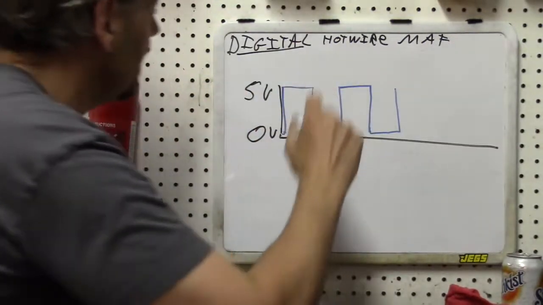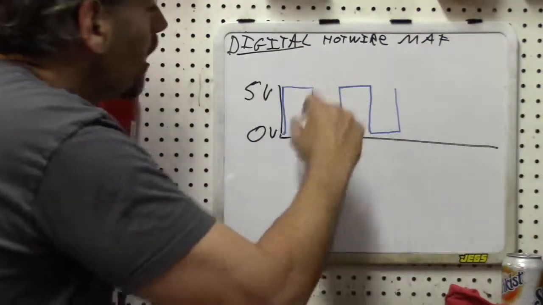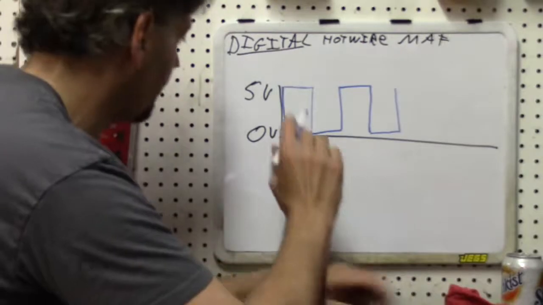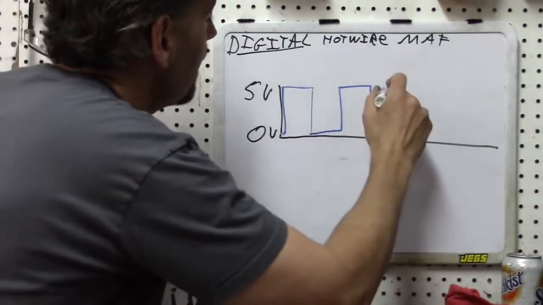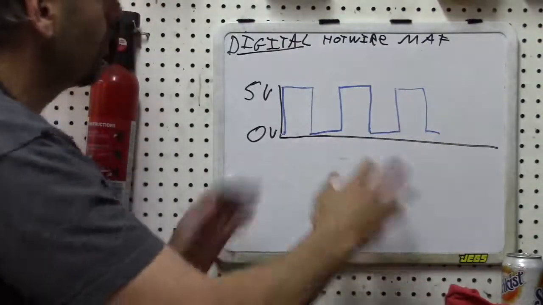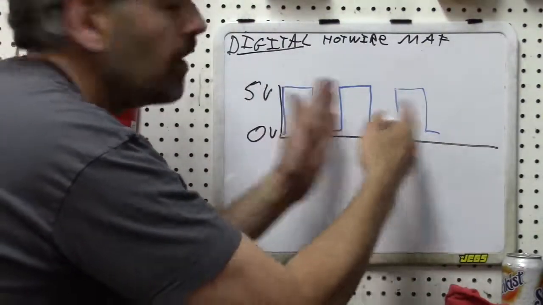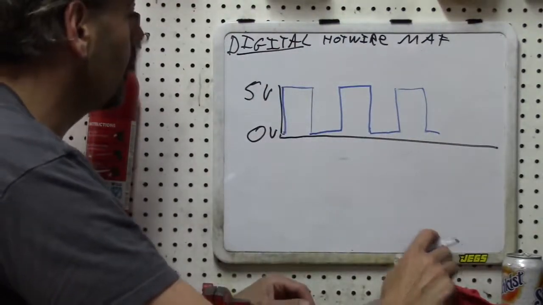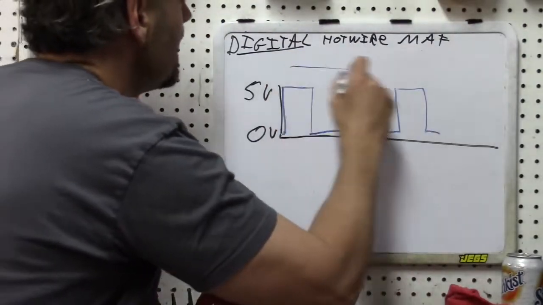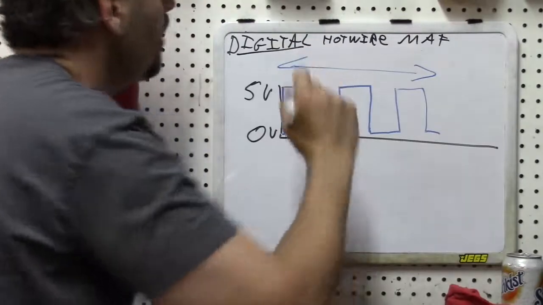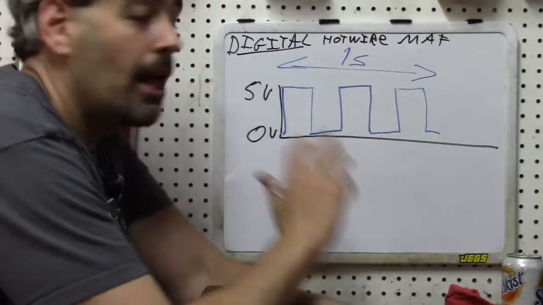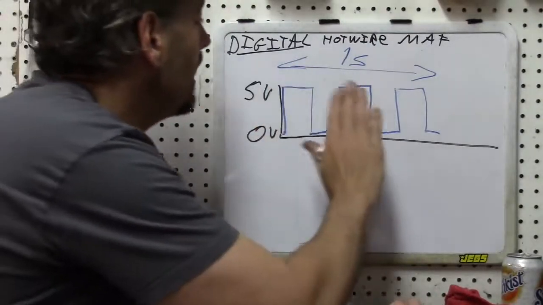And we need to understand some definitions about this digital trace. The first one is we see that this signal is actually repeating over and over. It is the same signal repeating over and over and over again. And basically the amount of these repeats within 1 second is going to be the frequency measured in hertz.